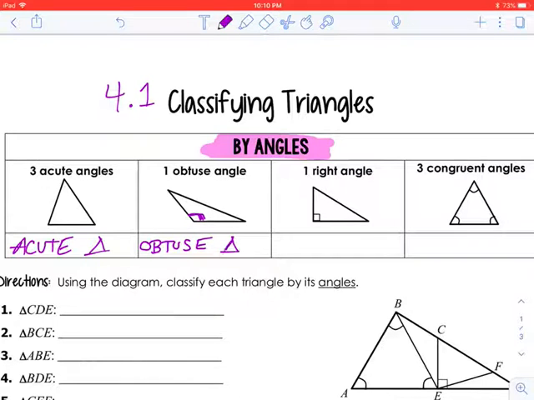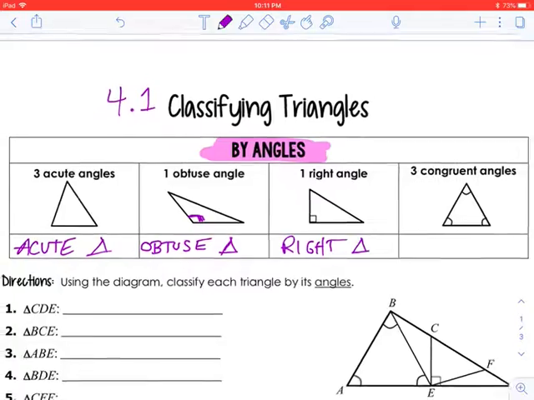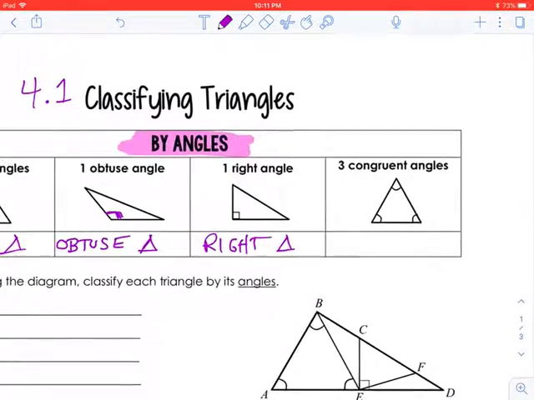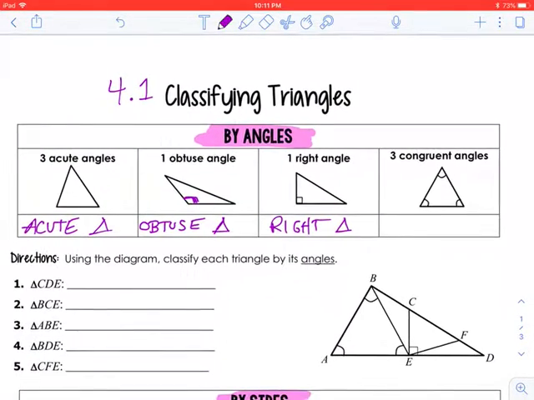Pretty self-explanatory. And if there's one right angle, we call that a right triangle. And then finally, if there are 3 congruent angles in a triangle, that's called equiangular, like angles. That's an equiangular triangle, okay?